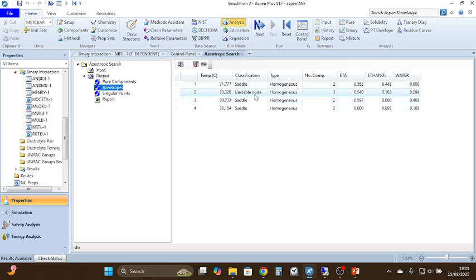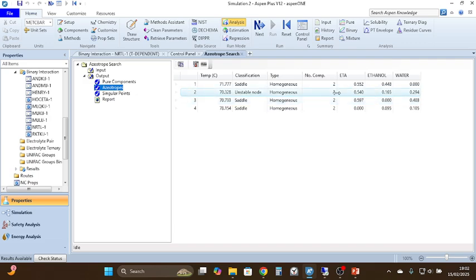And an unstable node is a composition where no separation can reach an equilibrium. We cannot have any equilibrium points at an unstable node. If you see properly, in a saddle node over here only two components are there, whereas in an unstable node there are three components.